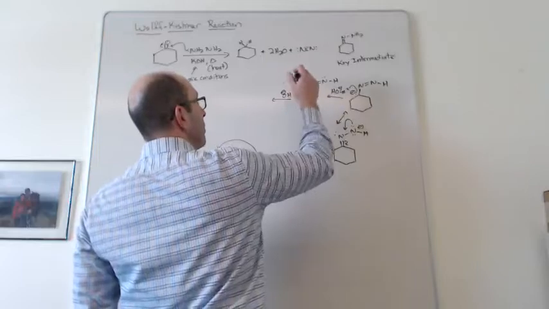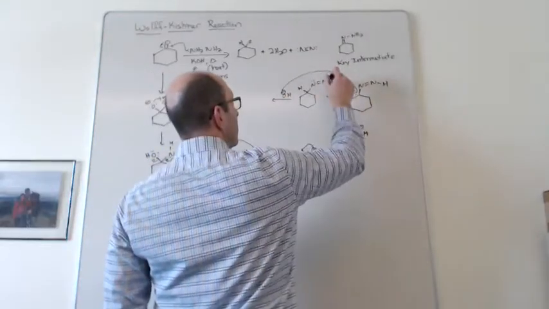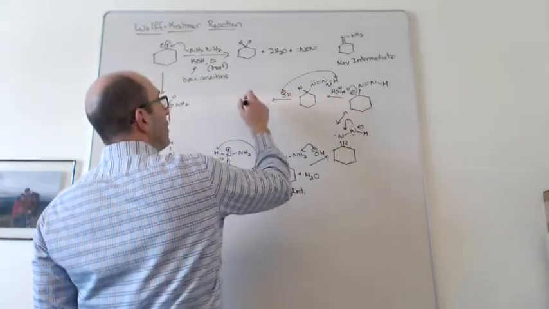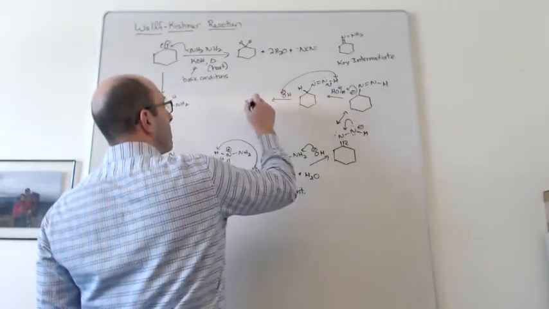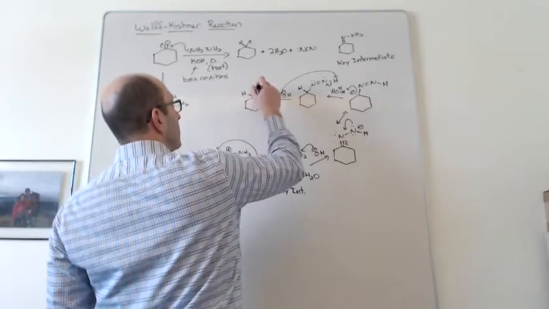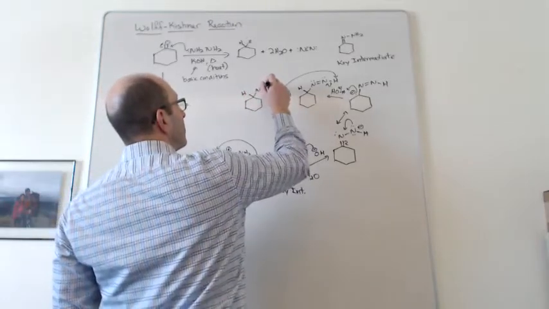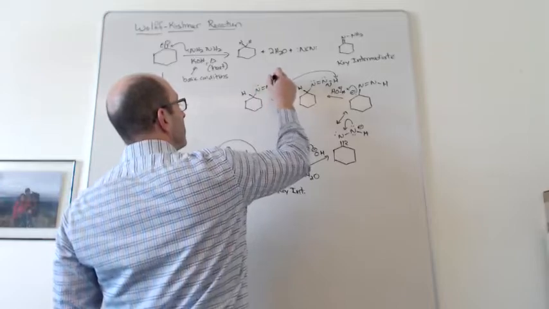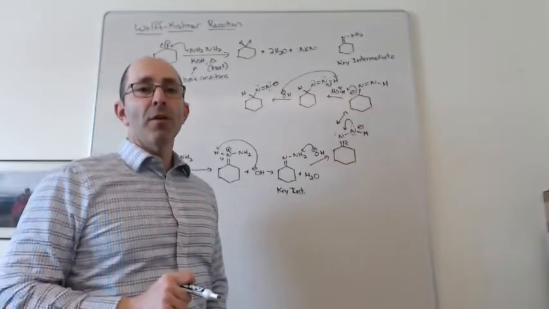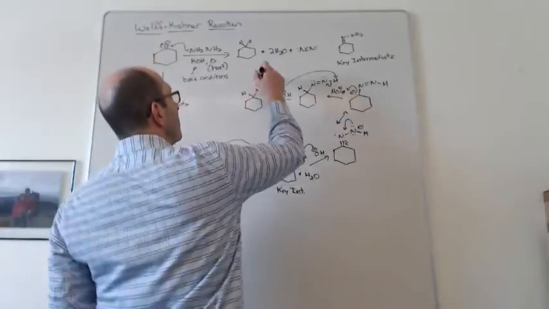OH minus is going to pull off another NH bond. So that's going to give us that molecule. And from there, we can generate nitrogen gas.